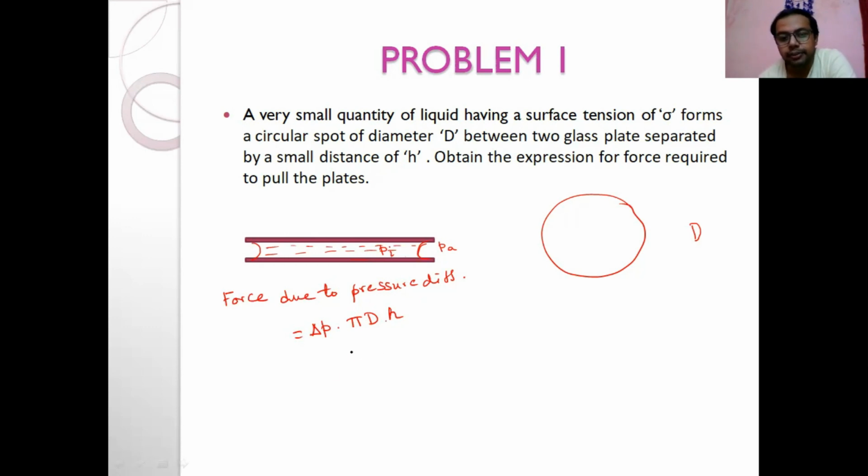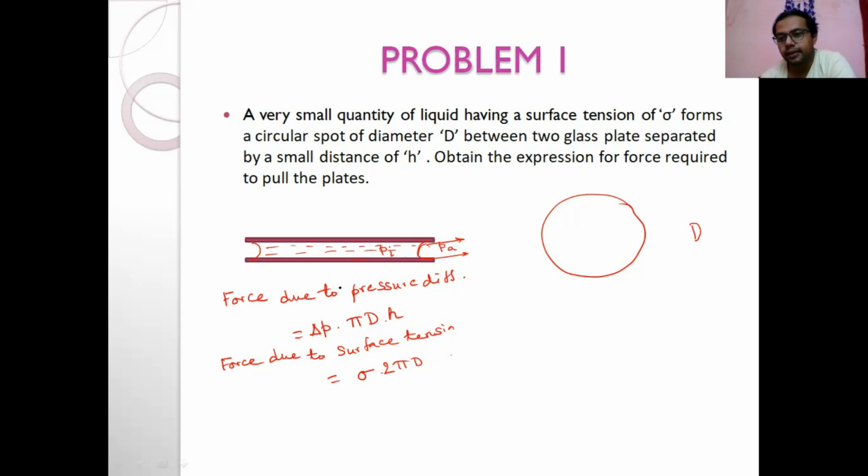This pressure force will be equal to the force due to the surface tension. The force due to surface tension is acting either this side or this side. Sigma into pi d at the top side, and at the bottom side again sigma into pi d, so sigma into 2 pi d.